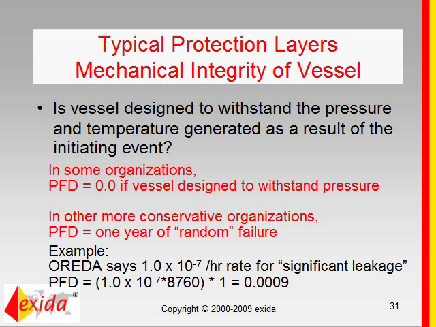With these qualitative methods, you have to categorize the different frequencies and consequences in broader categories. One of the aspects of that is that you tend to end up with conservative estimates and consequently relatively high risk reduction requirements.